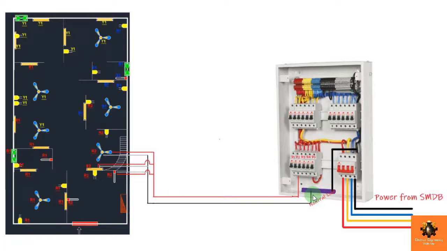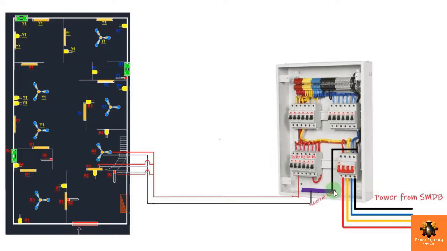See here, this cable is coming from the SMDB and connected to this isolator, and then this R phase conductor will be connected to these R phase circuit breakers, this Y phase conductor to these Y phase circuit breakers, and this B phase to these B phase circuit breakers, and this neutral is connected to this neutral link.